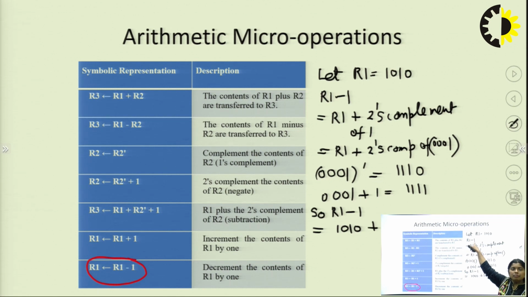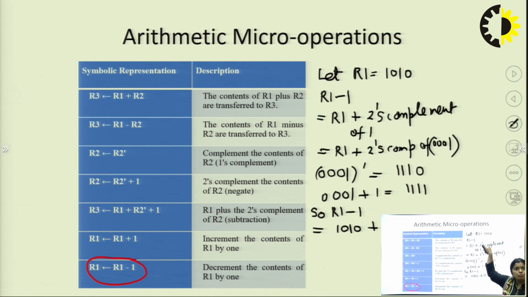When we are doing R1 minus R2, R2 is the second variable. Here, minus 1 means 1 is the second variable. So 1 will be considered as a 4-bit value, we take its 2's complement, and then add the content of this register to R1.